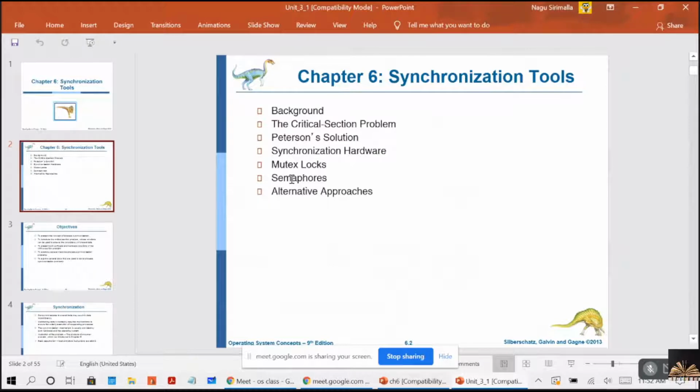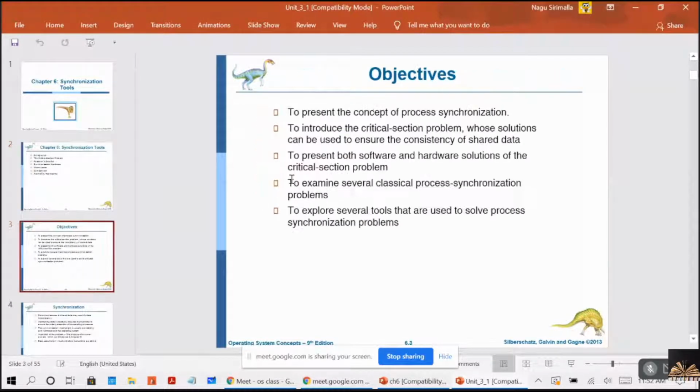Mutex is used to maintain the locks on the critical section, on the common address space where multiple processes are trying to get access to it, right? The main objective of this chapter is to present the concept of process synchronization. What do you mean by process synchronization? We will see in detail.